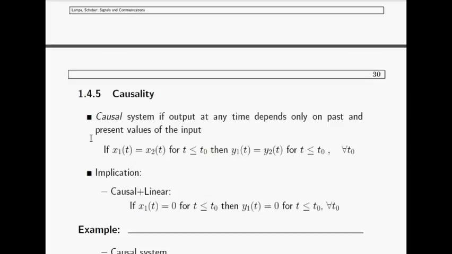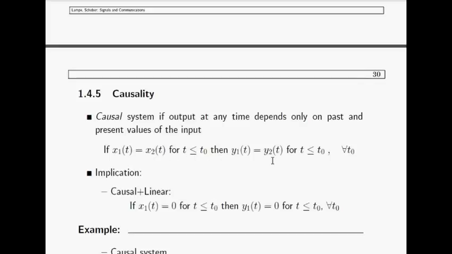There is a slight difference between memoryless and causal systems: a memoryless system's output depends only on the present input, but a causal system's output depends on past and present input. So if x1 of t is equal to x2 of t for t less than or equal to t naught, then y1 of t is equal to y2 of t for t less than or equal to t naught.